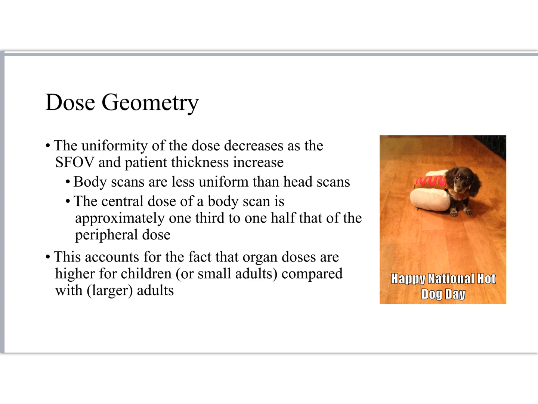Okay. Well, let's talk about how this dose is actually shaped across the volume of tissue that we're examining. And the reason I've got the little hot dog here is because we are not hot dogs. There are parts of our bodies that are kind of like a hot dog if you think about them in an axial view, and there's parts of our body that are more like a turkey leg or something like that if you think about it in the axial view.